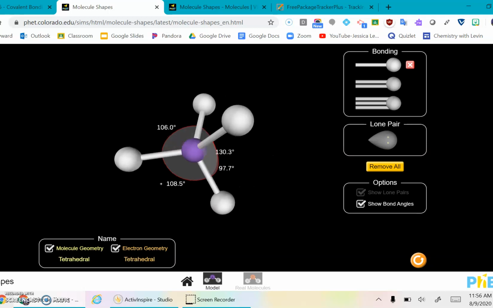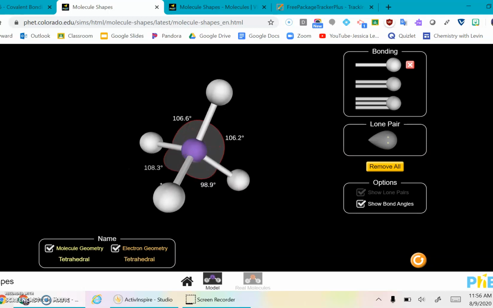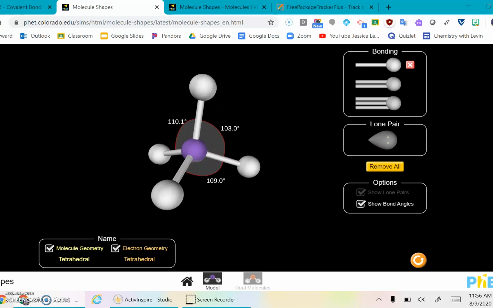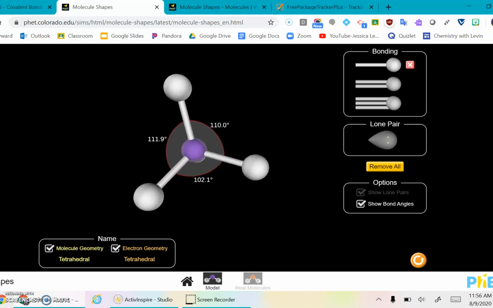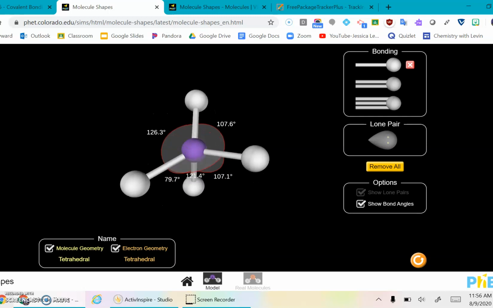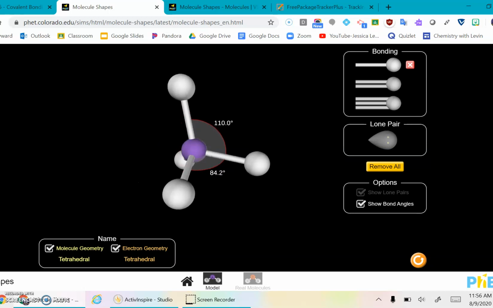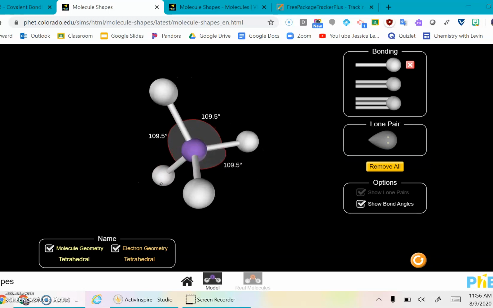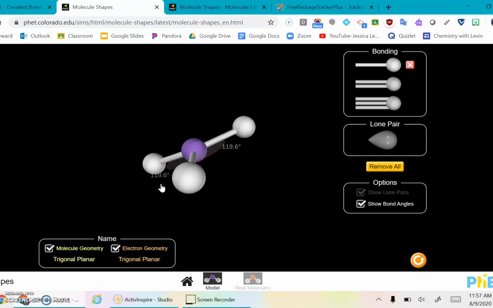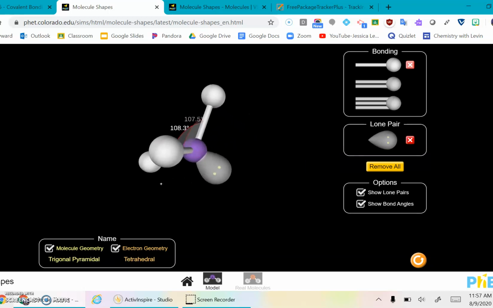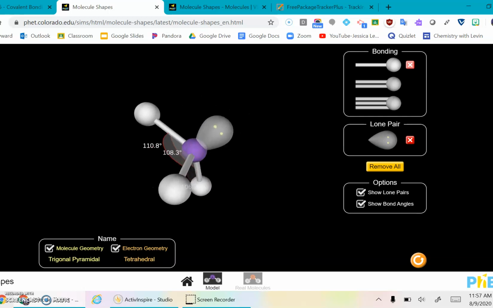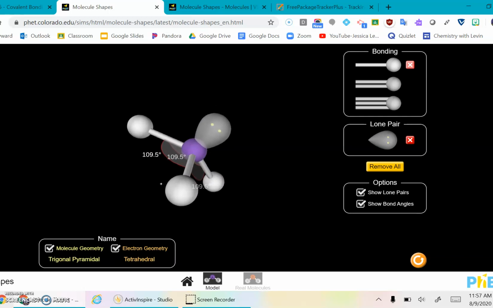Now, if we put in 4 things, you'll see this is that tetrahedral shape. This tetrahedral shape is going to have 4 things around our central atom as maximized as possible. And you'll see that there's 1 thing going away from you, 1 towards you, and 3 points to define a plane, like so. If we get rid of one of the bonded things and put in a lone pair, you'll see that it completely changes your bond angle.